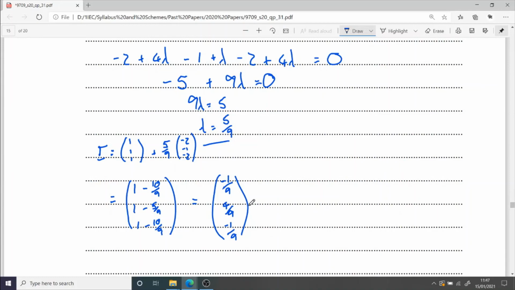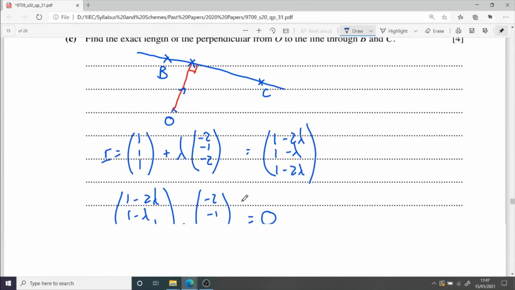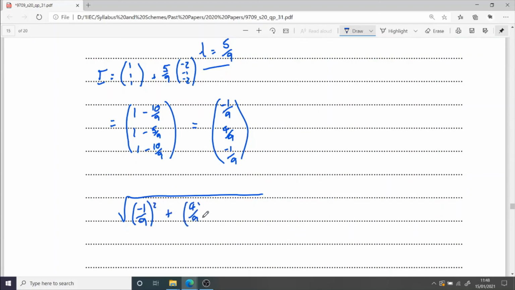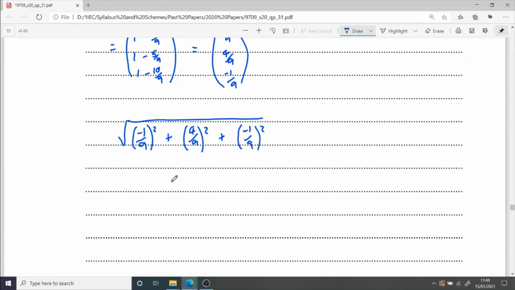We haven't yet found the distance though, which is what we were asked for. So we need to find the exact length of that, and we're going to do that using Pythagoras. So -1/9 squared plus 4/9 squared plus -1/9 squared, all of that square rooted. So 1/81 plus 16/81 plus 1/81.